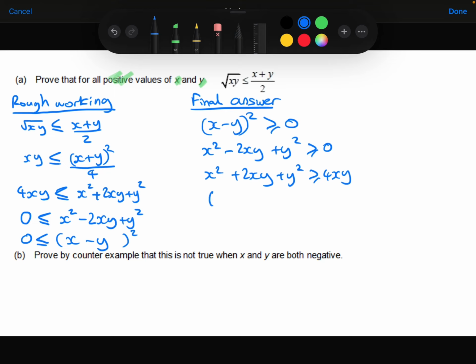I'm then going to factorise on the left-hand side. I'm then going to divide both sides by 4. And then I'm going to square root both sides.